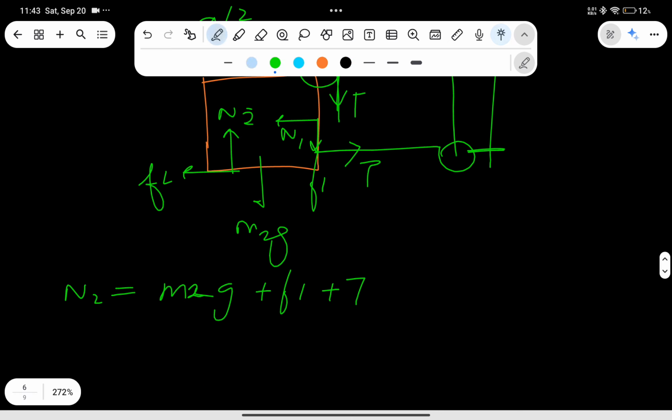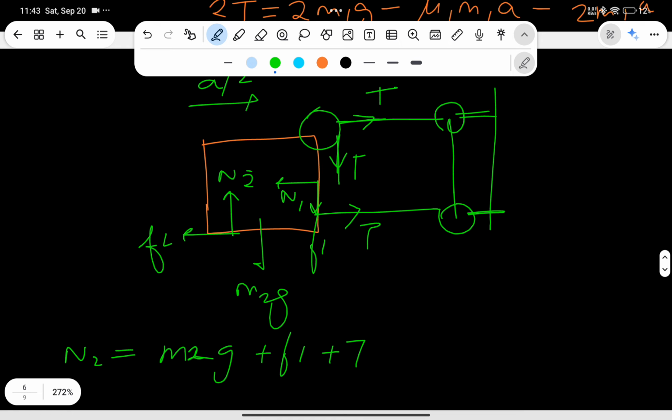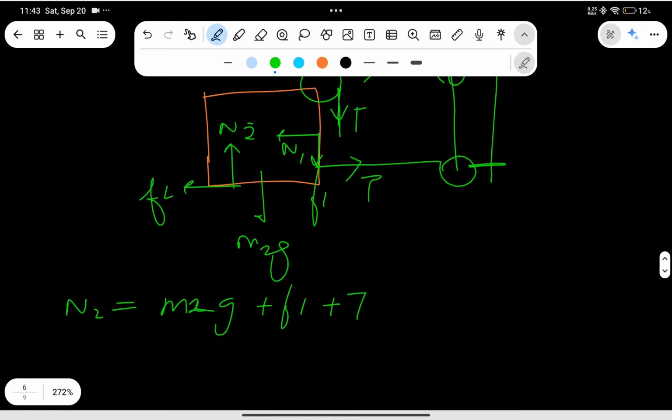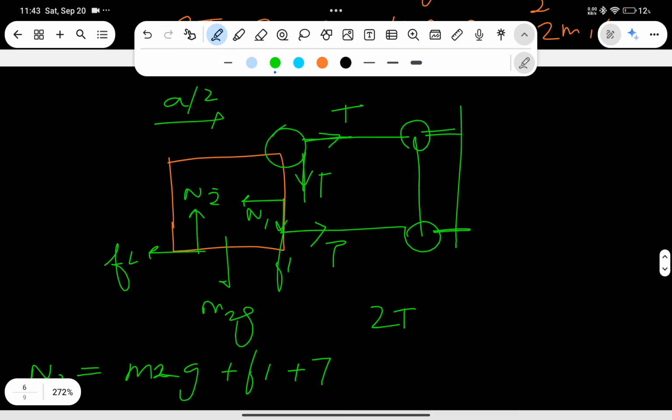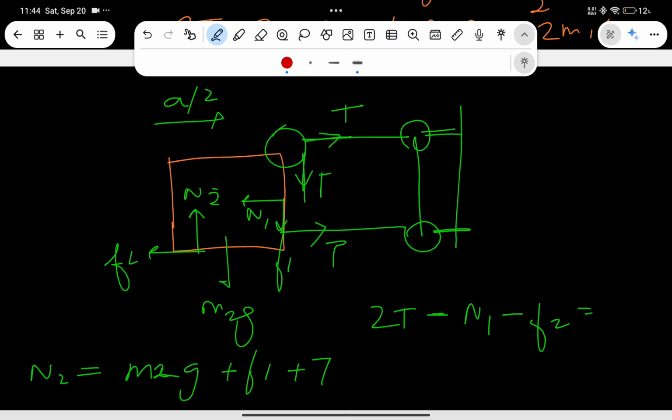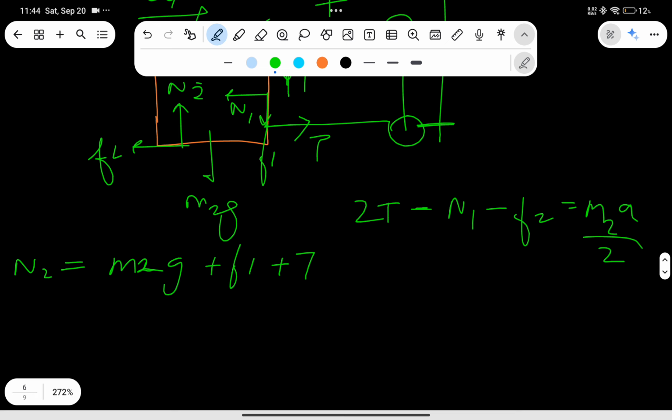Now writing for the horizontal forces, it will become 2t minus, because it is accelerating here in the right direction, so it will be 2t minus n1 minus f2 will be equal to mass m2 into acceleration a by 2, not a2, it's a by 2.